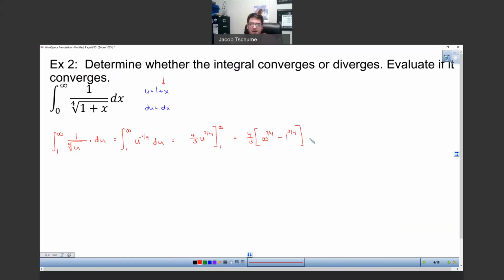In the end, no matter what you do here, this is going to end up being infinity as a final result. So therefore, it is not possible to find an exact area under this curve between 0 and infinity. So your final result is divergent. And that is how you know it's a divergent improper integral.